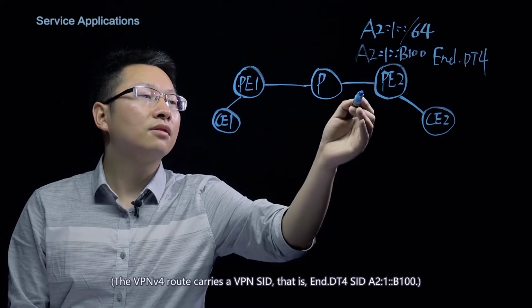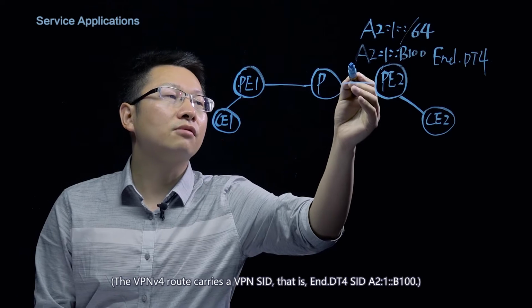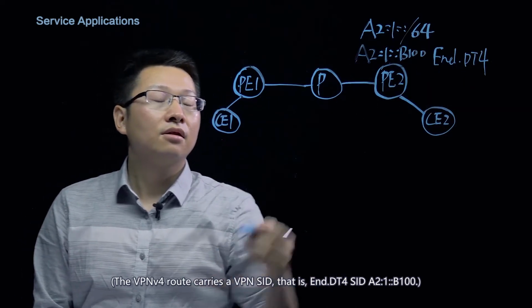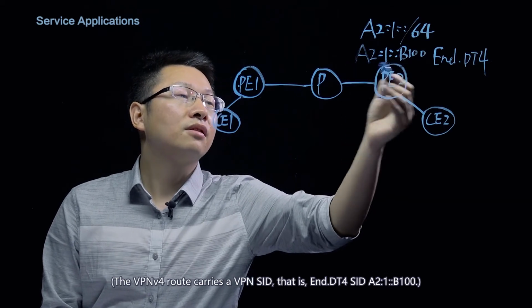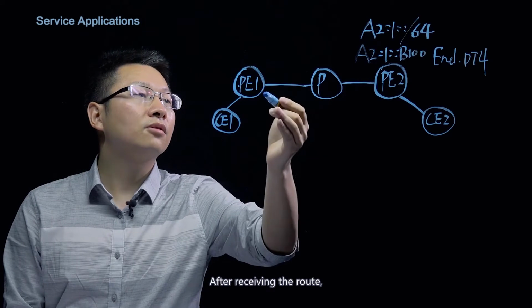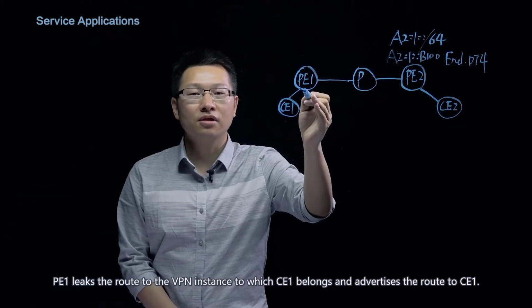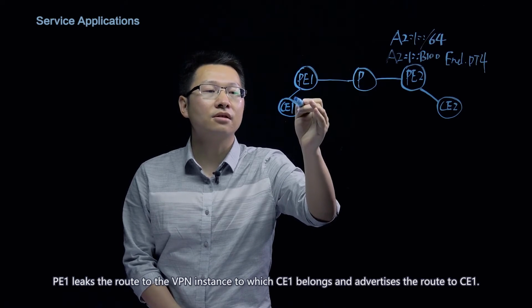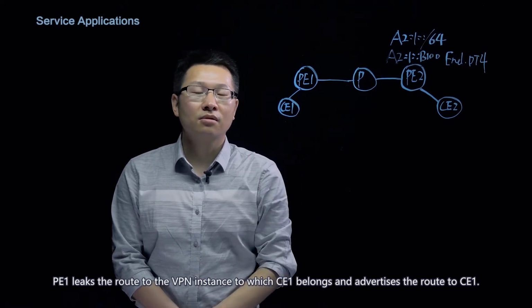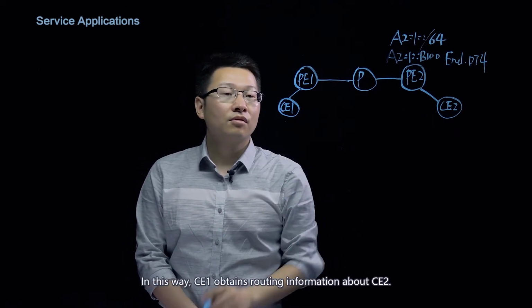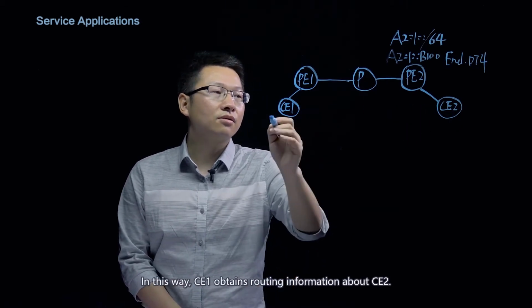The VPNv4 route carries a VPN SID, that is, End.DT4 SID A2:1::B100. After receiving the route, PE1 links the route to the VPN instance to which CE1 belongs and advertises the route to CE1. In this way, CE1 obtains routing information about CE2.